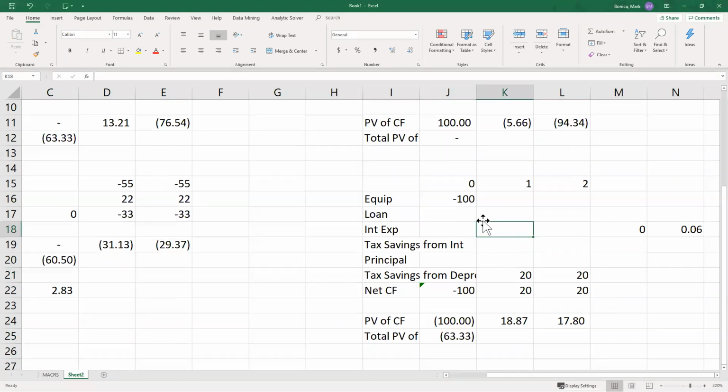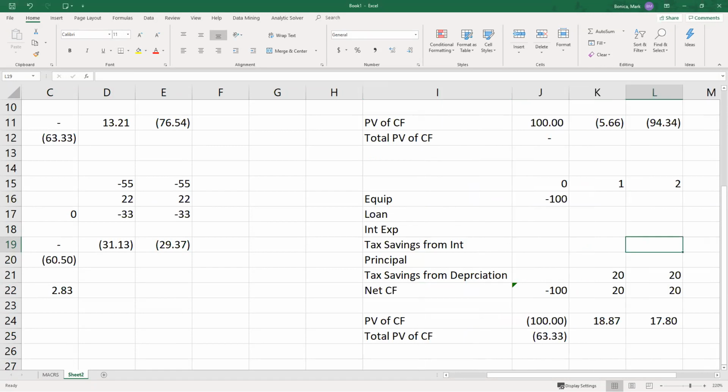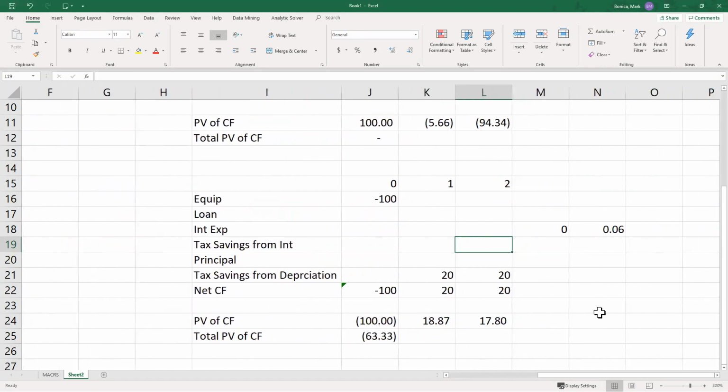So now I've extracted the loan, the interest expenses, the tax savings from the interest expenses, and the payment back of the principal. All I have left is the purchase of the equipment and the depreciation savings.